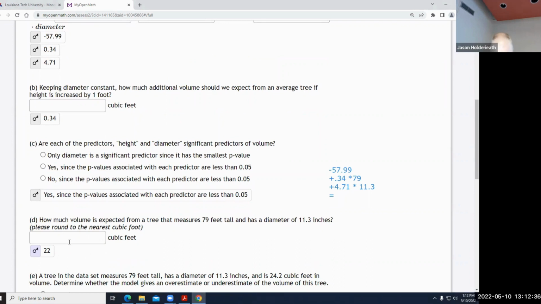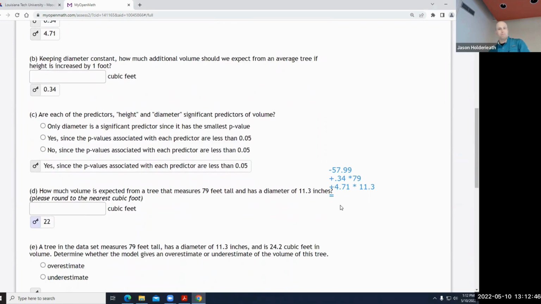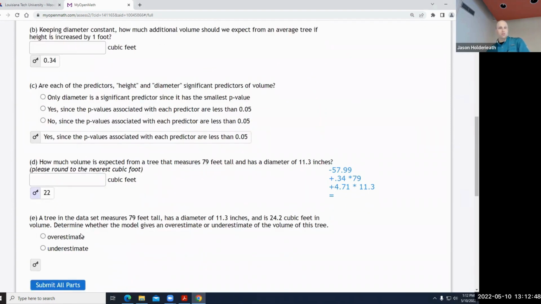22.090. And then we're supposed to round to the nearest cubic foot. So 22 cubic feet. Okay. A tree in the data set measures 79 feet tall and has a diameter of 11.3 inches and is 24.2 cubic feet in volume.